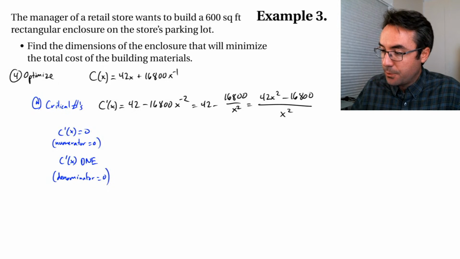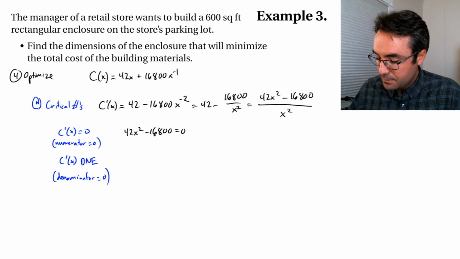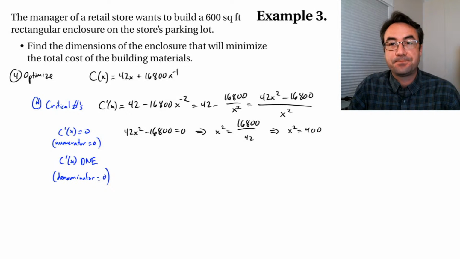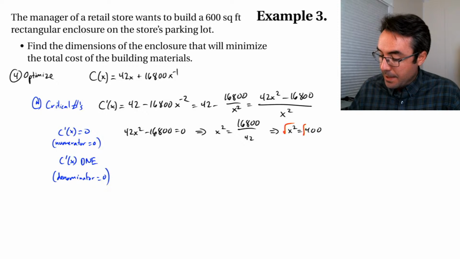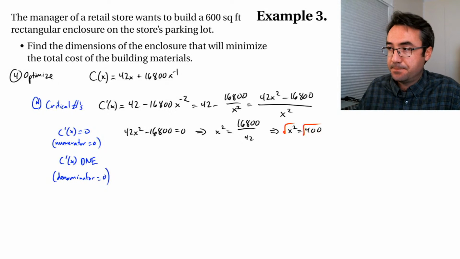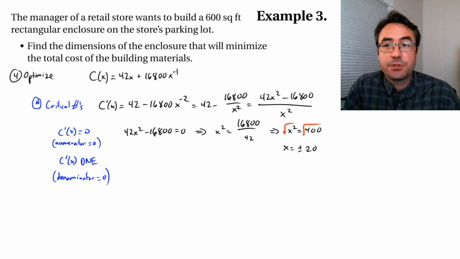So if we set our numerator equal to 0, 42x squared minus 16,800, and if we solve that, we get x squared is equal to 16,800 over 42, which ends up simplifying to x squared equal to 400. Do the square root of both sides. And whenever we apply the square root, we put a plus minus in front. So this ends up being plus or minus 20.